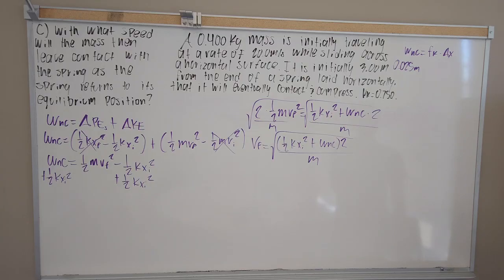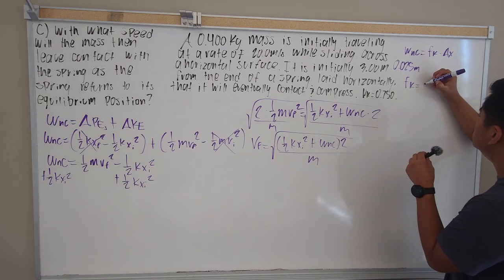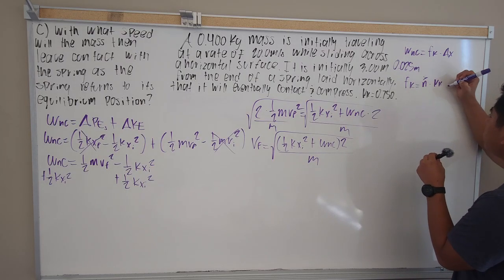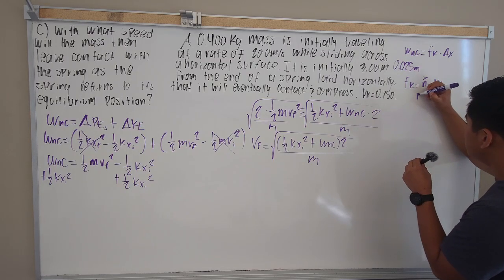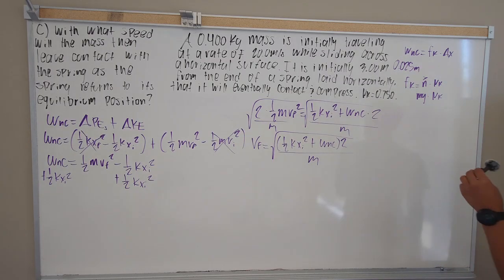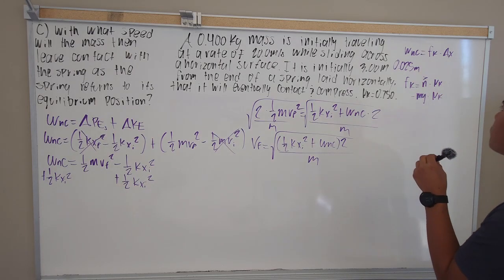Now, we can go ahead and expand this out even more. We know that the force of kinetic friction is equal to the normal force multiplied by mu k, which is then equal to mg multiplied by mu k. And since we know that this force of kinetic friction is going to be acting against our system, that's going to be negative.